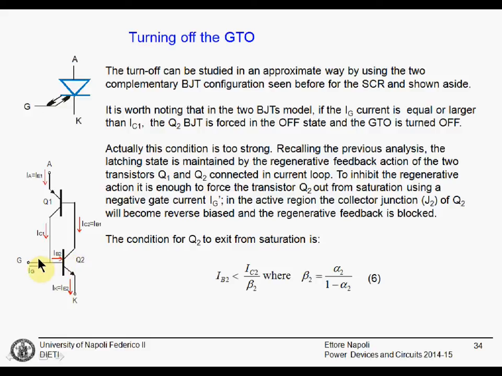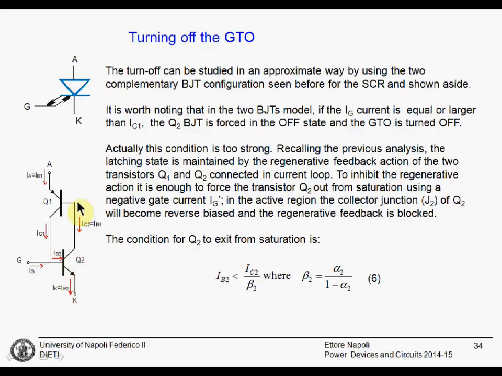But if we extract a very large gate current, imagine that this gate current is actually equal to IC1 or even equal to the anode current, there is no current left for the base driving of this Q2 transistor. This Q2 transistor will switch off.